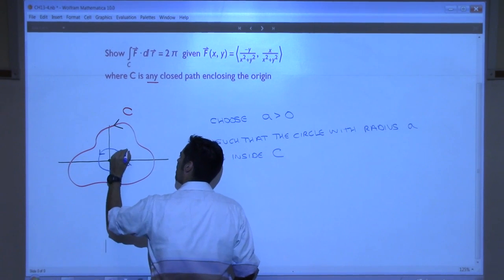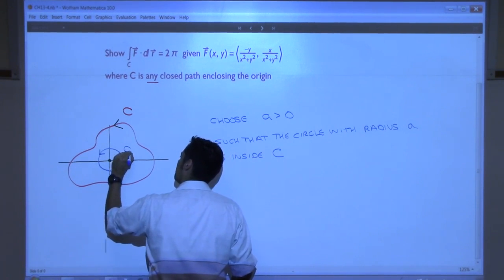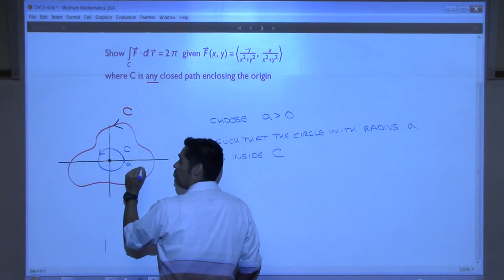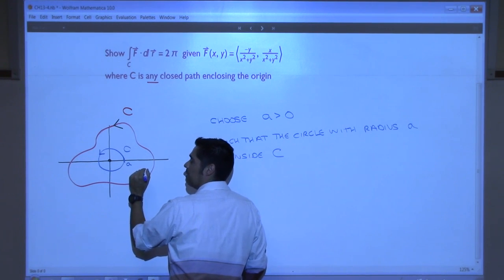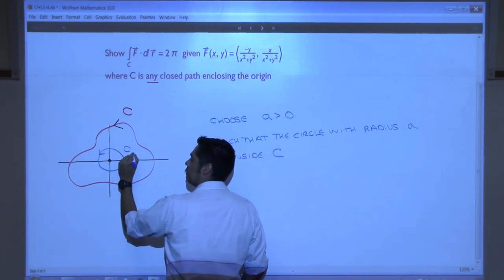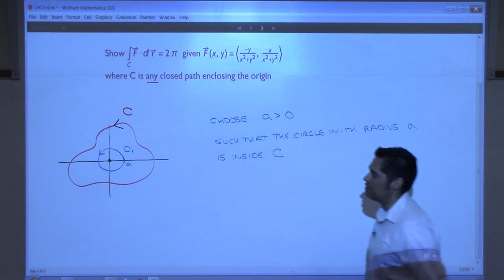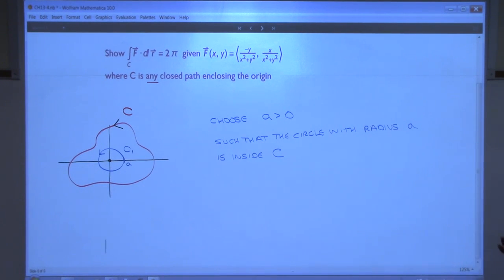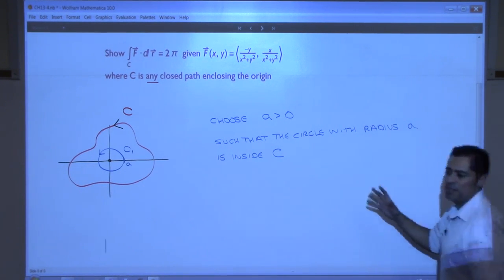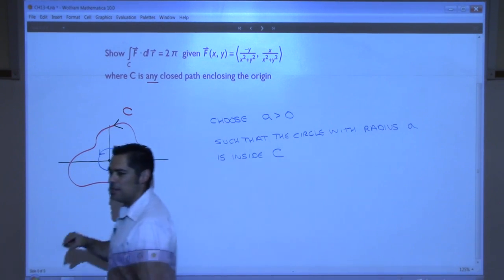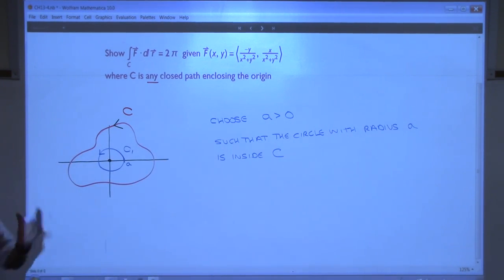And I'm going to call this C1. Is that okay? So C is the big one that we started the problem with. It's an arbitrary curve. And I'm constructing a smaller circle inside that curve. With me?